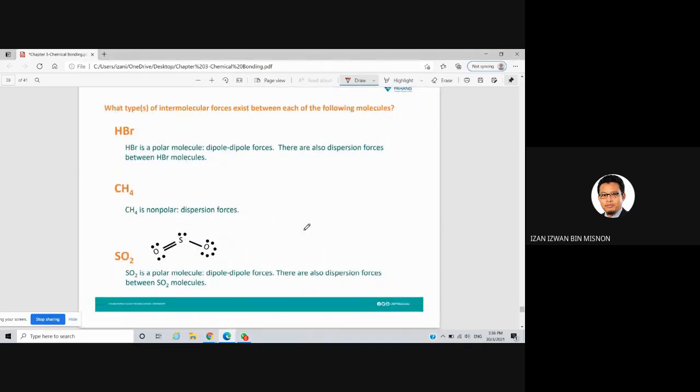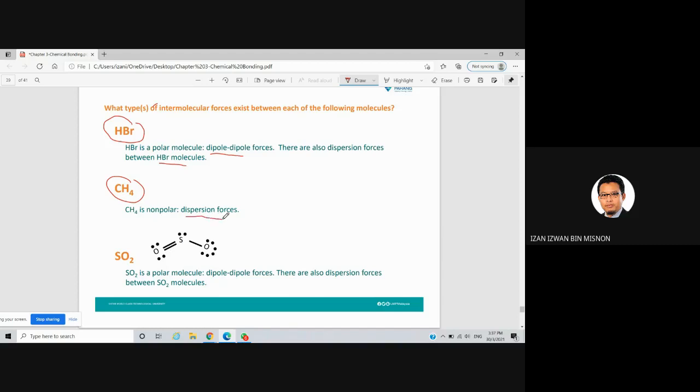Okay. So this supposed to ask you the type of intermolecular forces that exist between each molecule. If we have hydrogen bromide, HBr, hydrogen bromide is a polar molecule. So in a polar molecule, it will have a dipole-dipole force, and also there will be a dispersion force between HBr molecules. For methane, the second example, methane is non-polar, so there will be no dipole-dipole force.